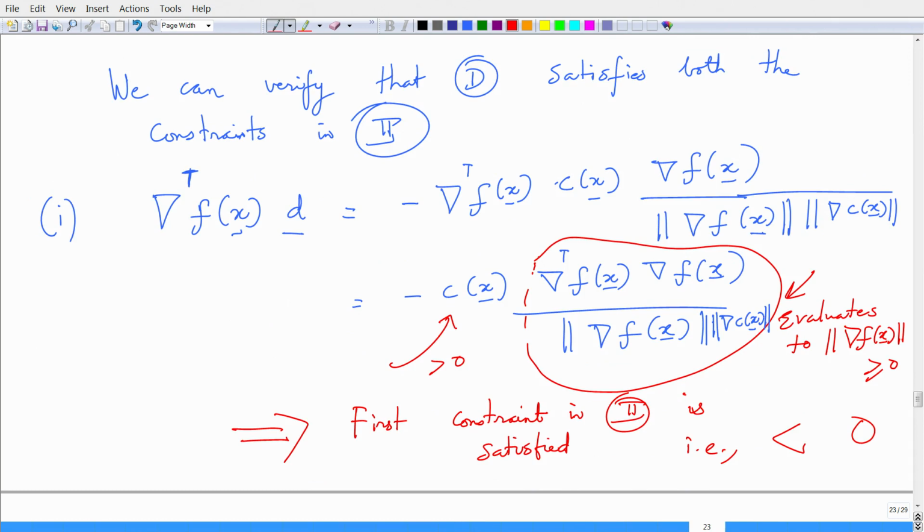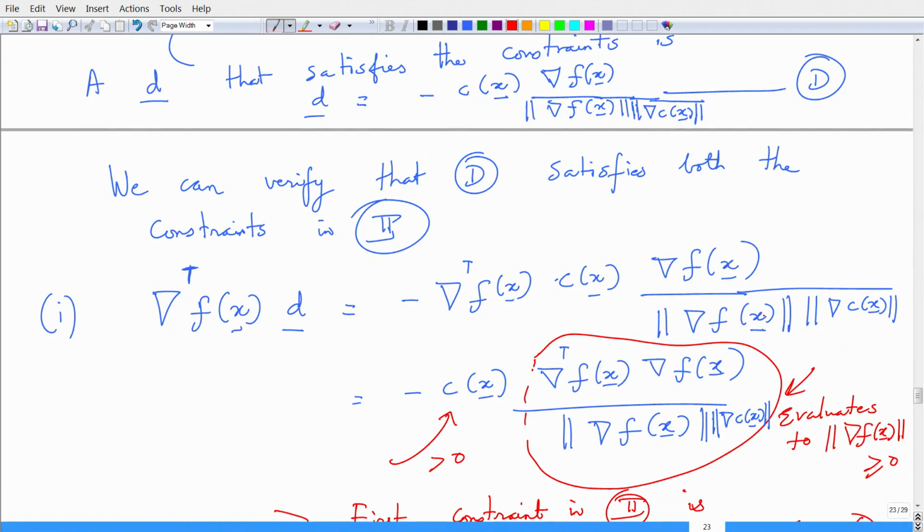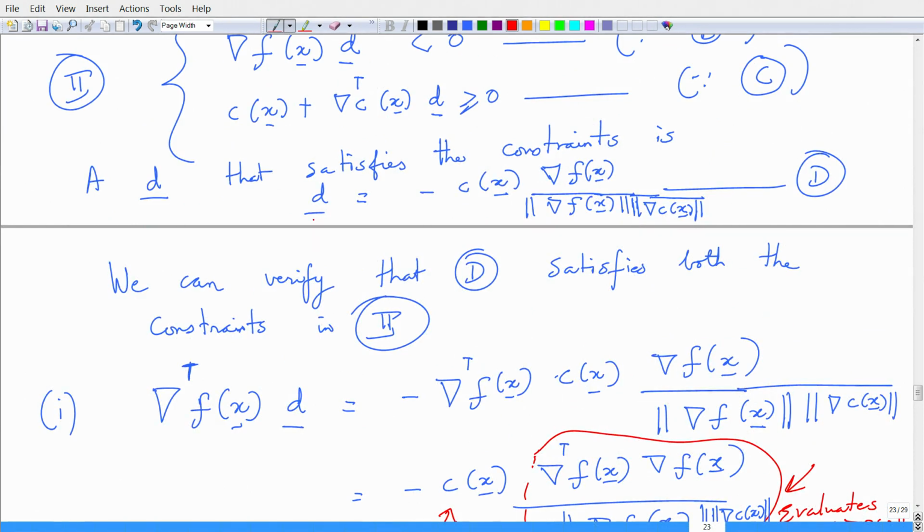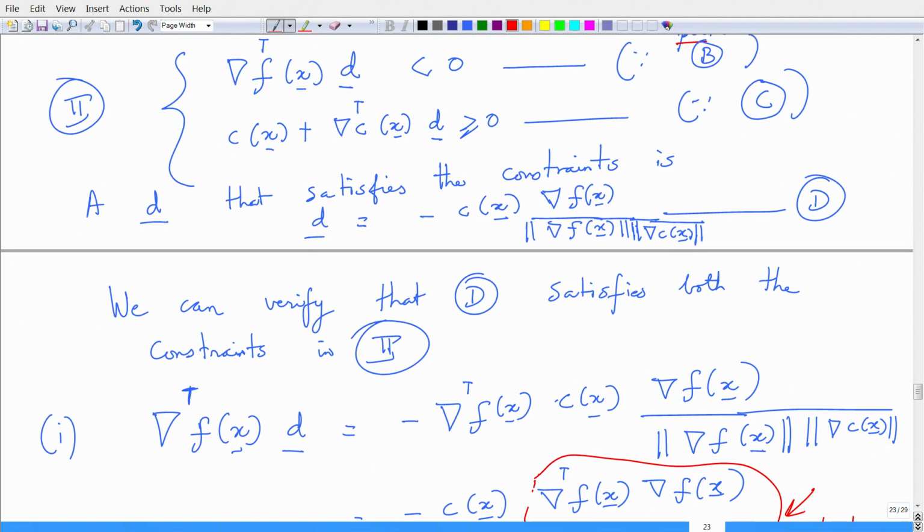Now, let us verify that equation d, which gives me the feasible direction d, satisfies the constraints given in the inequality set number 2.